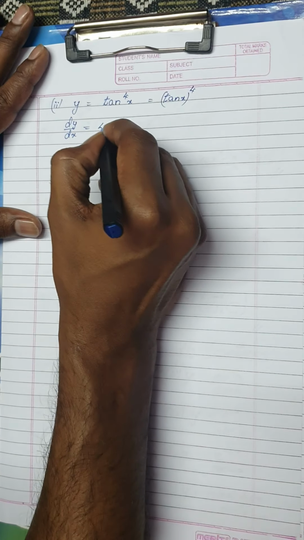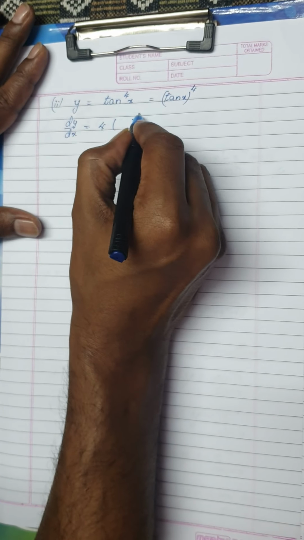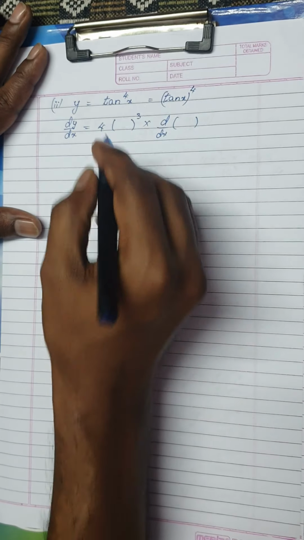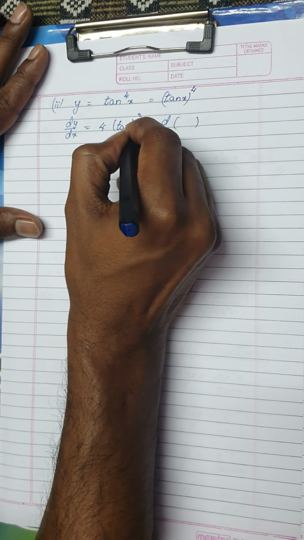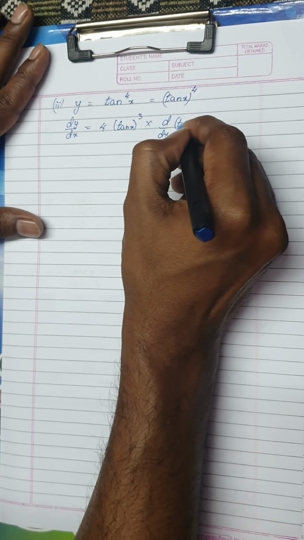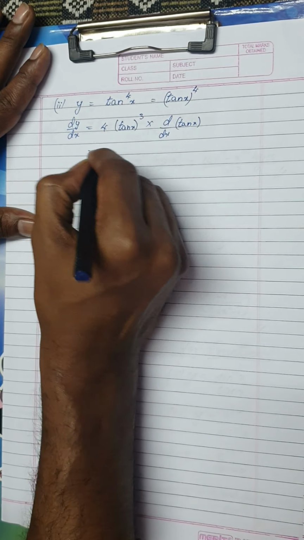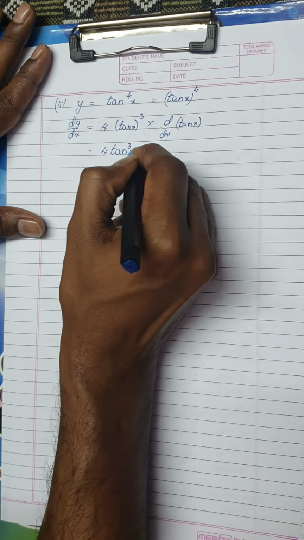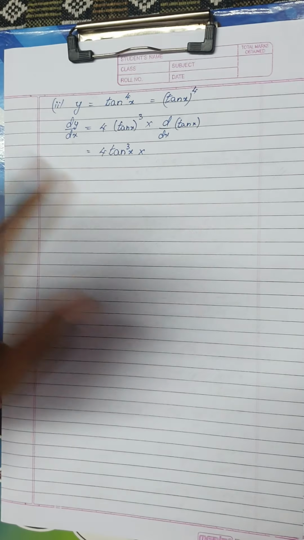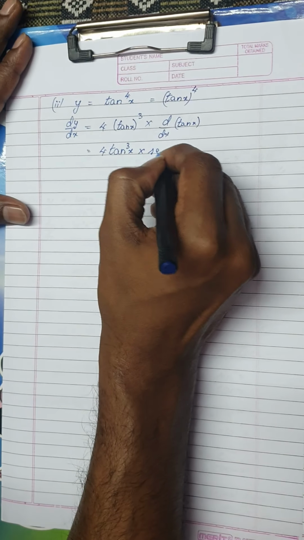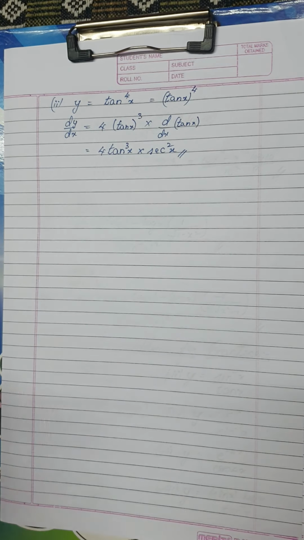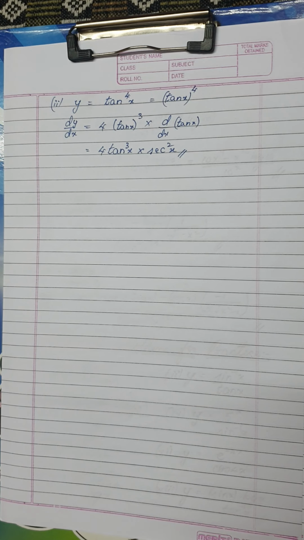So it is 4, just consider this x cube into the differentiation of the function. So here replace the function as tan x and the differentiation of tan x. So this is nothing but 4 tan cube x into the derivative of tan, which is secant square x.